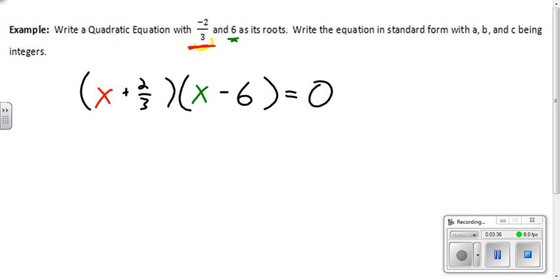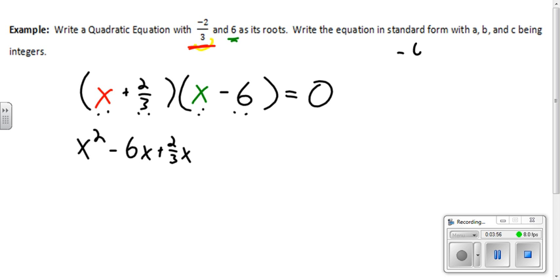Now that we have this form, we still need to get it into standard form. Again, it's easy as FOILing. X and x is x squared. X and -6 is -6x. 2/3 times x is +2/3 x. 2/3 times -6, I want to show you that one over here.